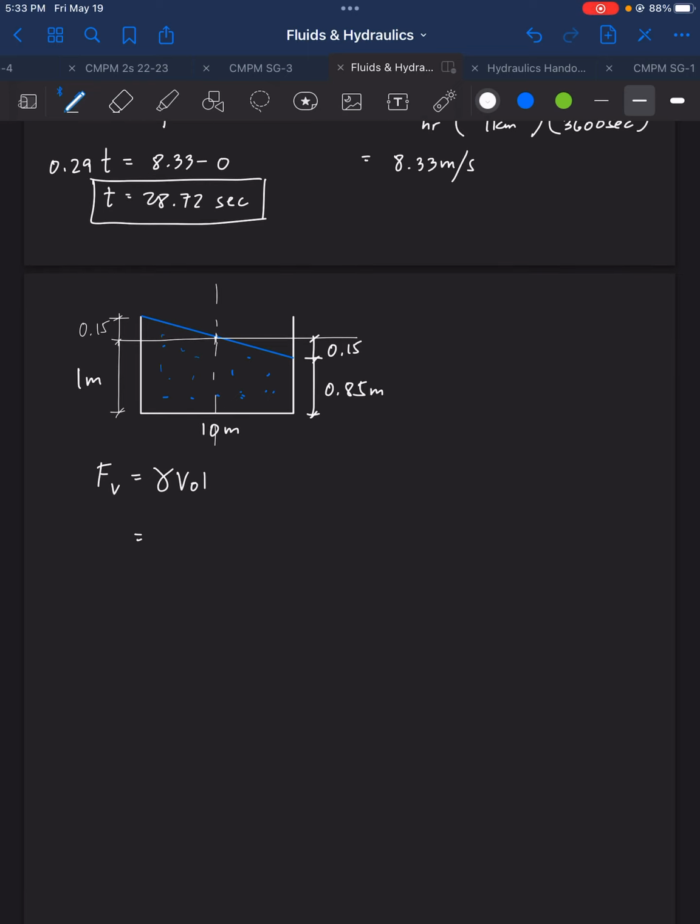So meaning we have here 9.81, and for the volume we have the area of the trapezoid.